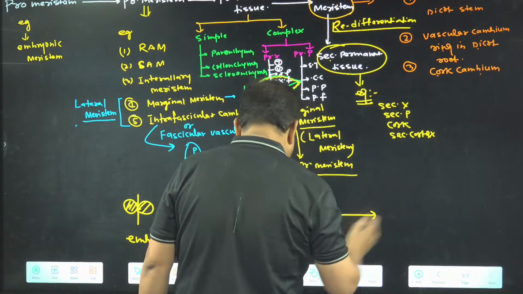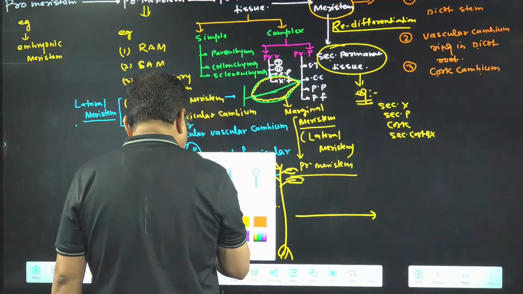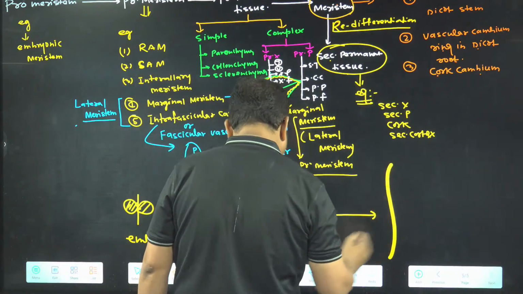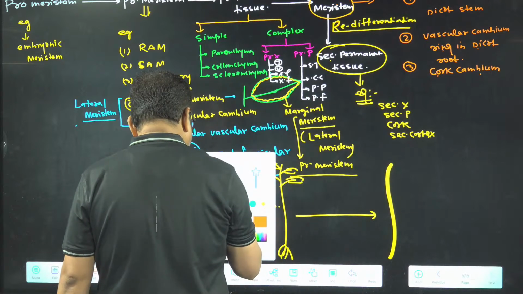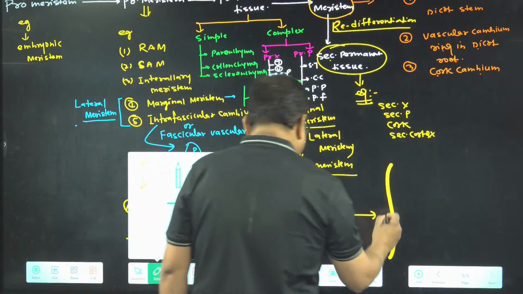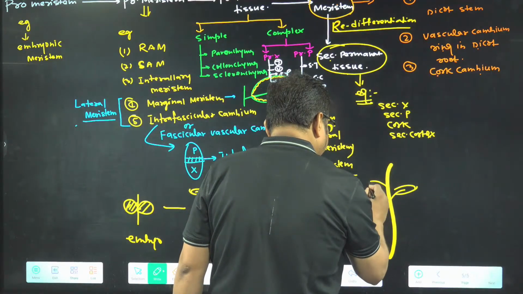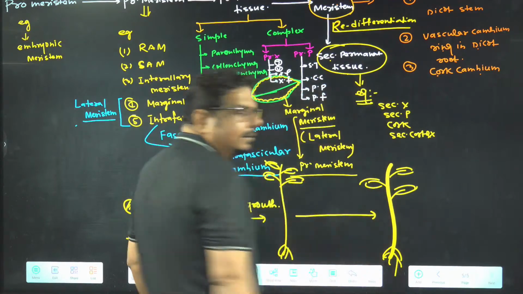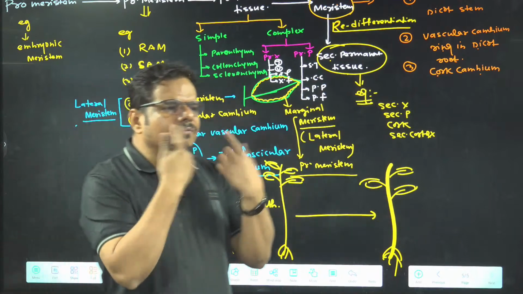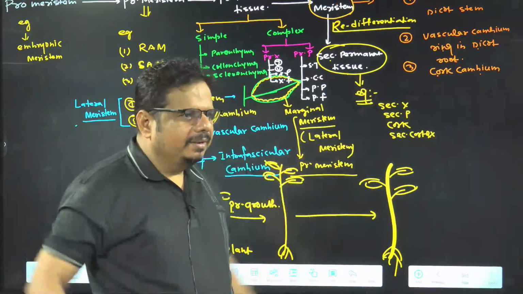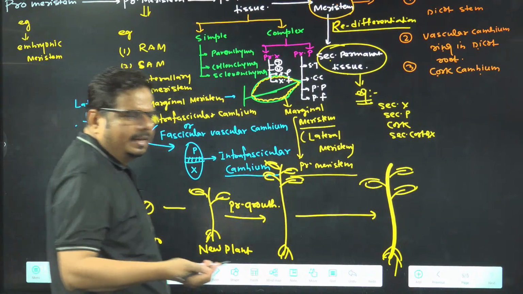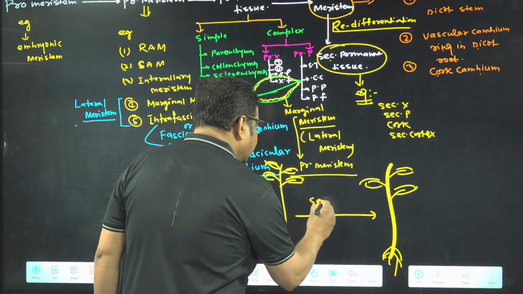Now what happens? After some time, this new plant becomes like this. Thickness, circumference, diameter of the stem or root is increasing. This is called secondary growth.